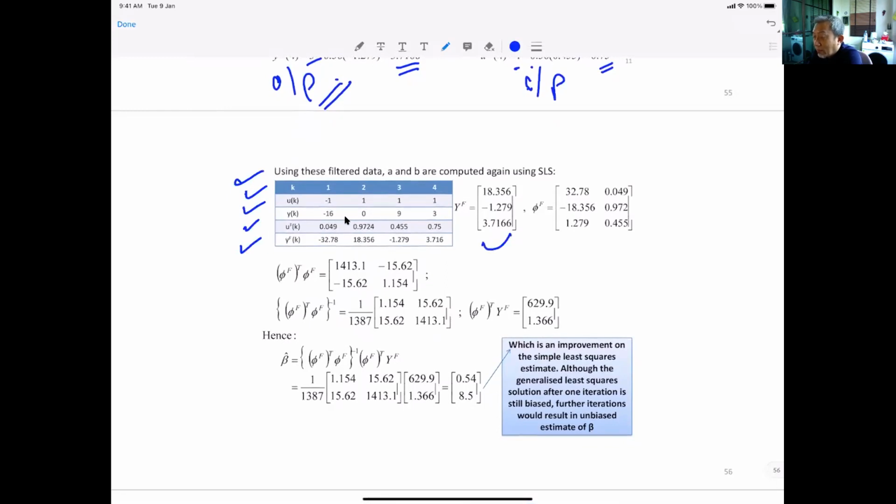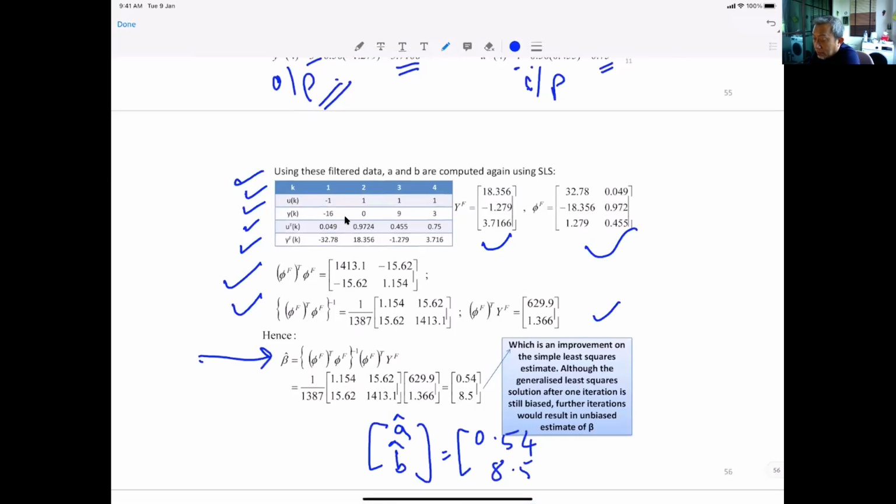So you find the theta F, then you multiply, then you inverse, and then you multiply with the YF, and finally you use the estimated least square, and you will get the value of the A filtered and B filtered, which is 0.54 and 8.5, which is an improvement from the previous simple least square estimate.